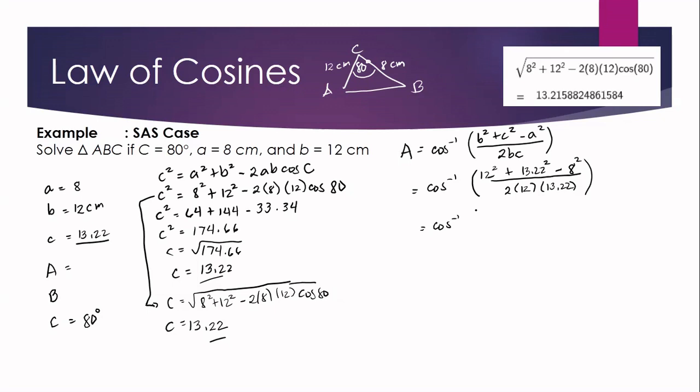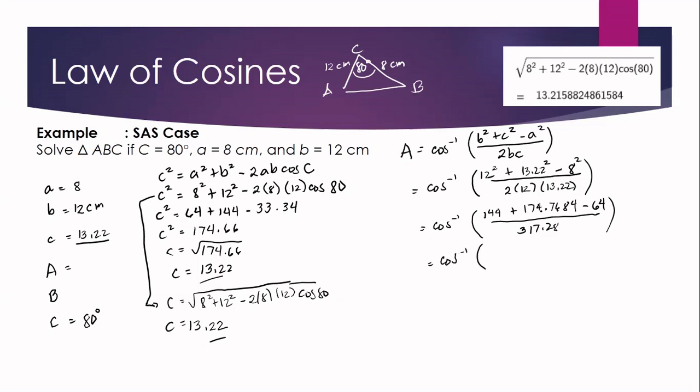So we have cosine inverse, 12 squared is 144 plus 13.22 squared is 174.7684 minus 8 squared is 64 over, if you get the product of 2, 12 and 13.22, the product is 317.28.